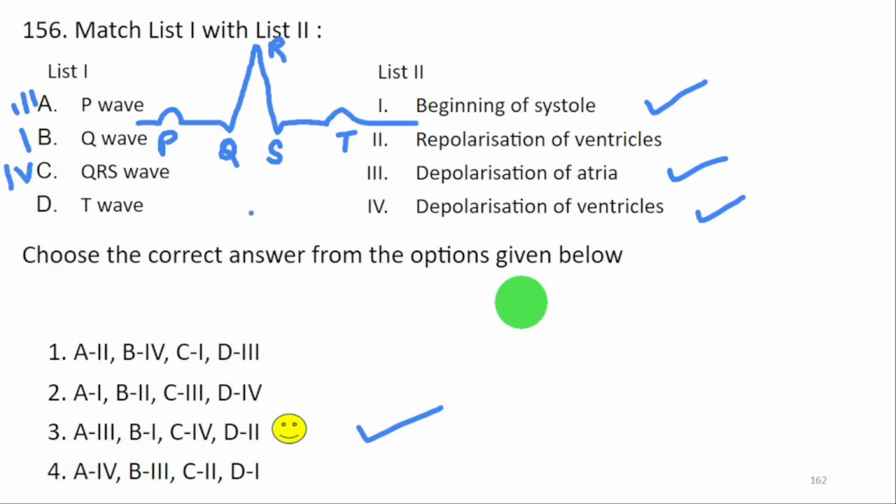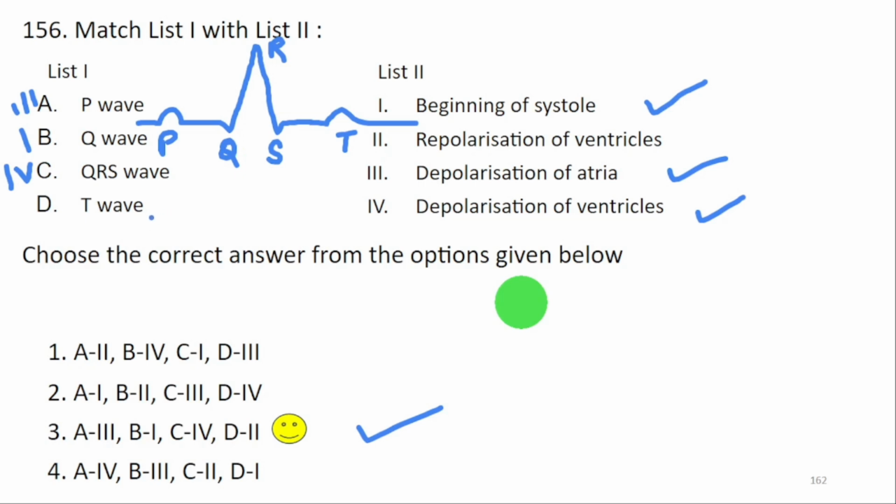And during this step, since at the P wave atria got depolarized, during this event there is repolarization of atria also happening. But since the QRS complex is so strong, it masks the small wave which is produced in repolarization of atria. Okay, so that gets hidden somewhere.